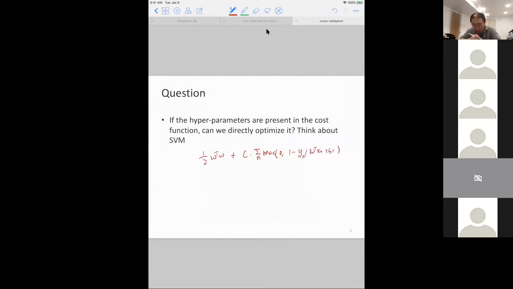plus B, right? Previously, our procedure was that we first choose a C value, C can be 1, and then we minimize this function with respect to W and B. So now I want to ask, can we jointly optimize C to minimize the whole function?